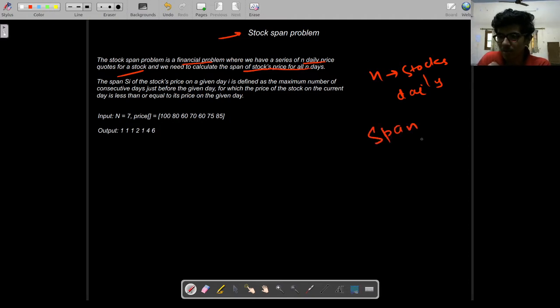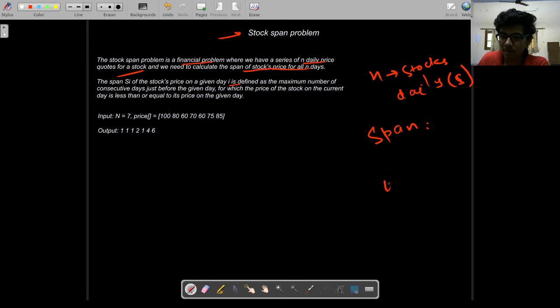We are given n and the daily stock prices, let's call them S. The span I, the span of the stock's price on a given day I, is defined as the maximum number of consecutive days just before the given day.